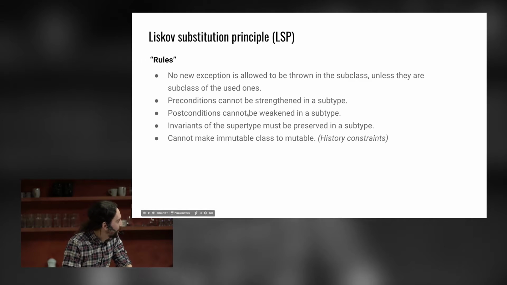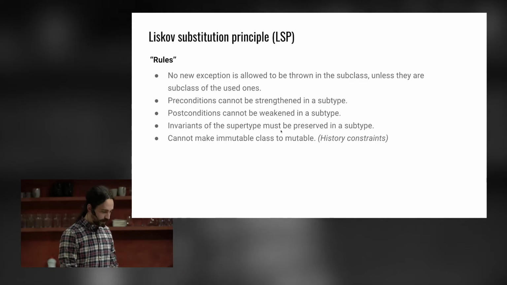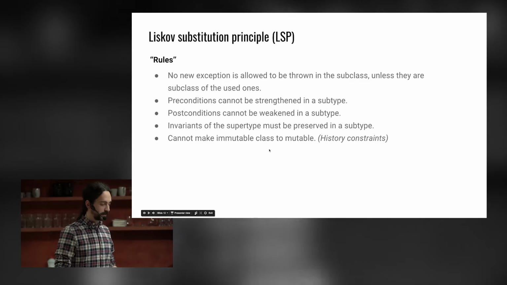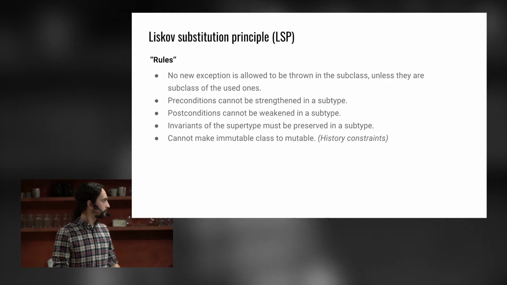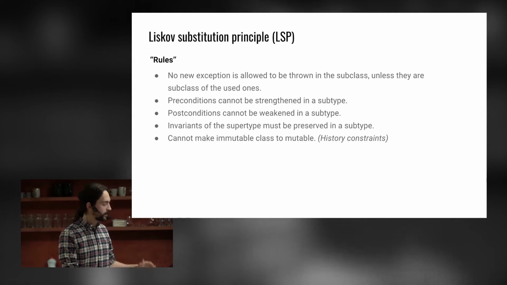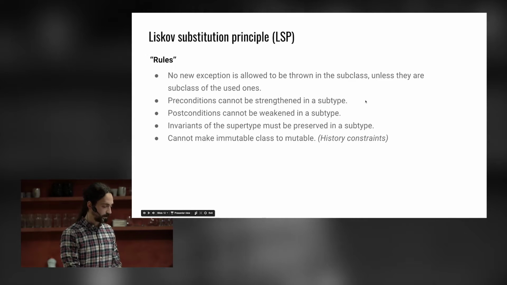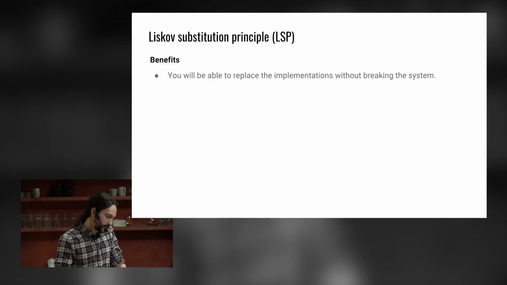That's the easiest way to define this, but we can implement this in the subclass by making assertions in the methods. And we shouldn't make immutable classes mutable, and it's very important in a multi-threaded environment. And also, if we forget to do this, then we will have security issues. Well, it's possible to have security issues. What are the benefits? We will be able to replace the implementations without breaking the system.